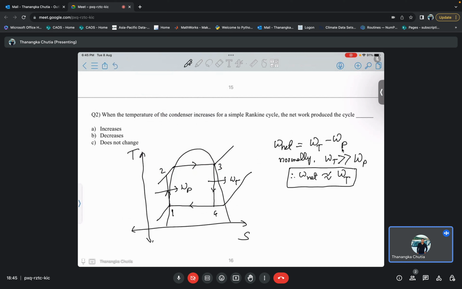So the net work done is directly proportional, or directly linked, with the WT.